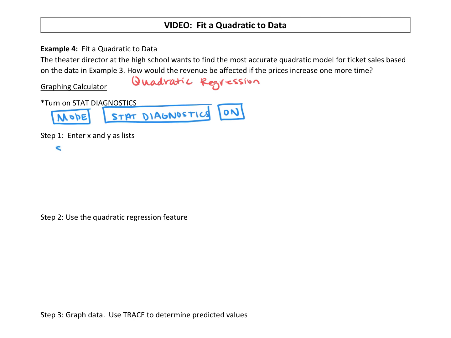So you're going to hit your stat button, then the edit option, and then you're going to enter the X values into L1, that stands for list 1, and then you enter the Y values into L2. And the X values and the Y values, those are the ordered pairs from our table of values we had in example 3.